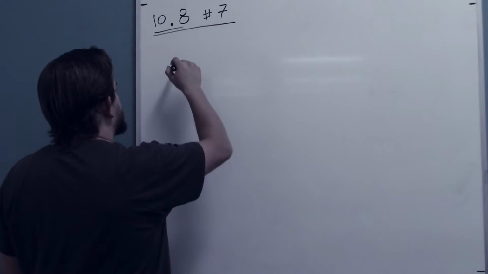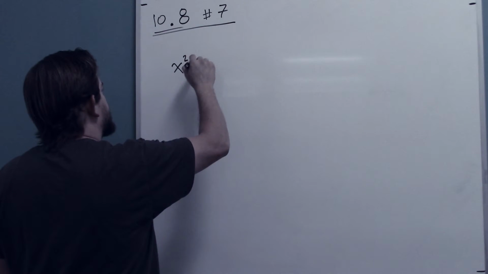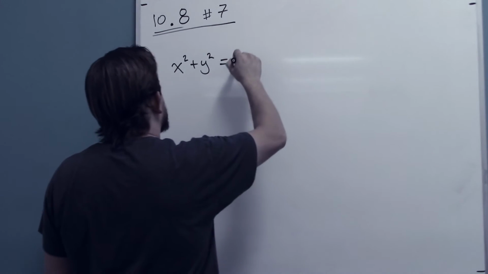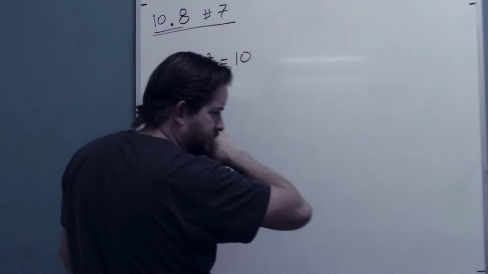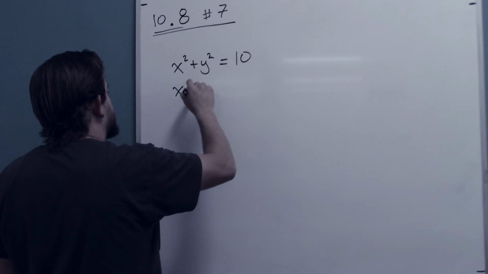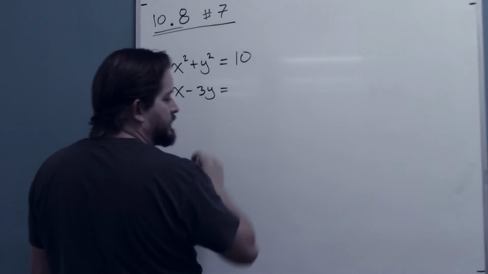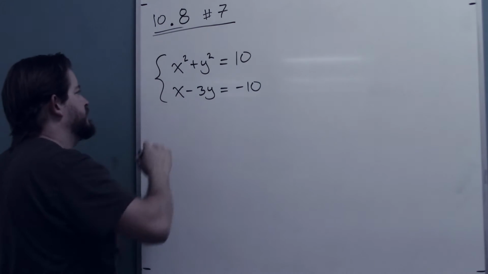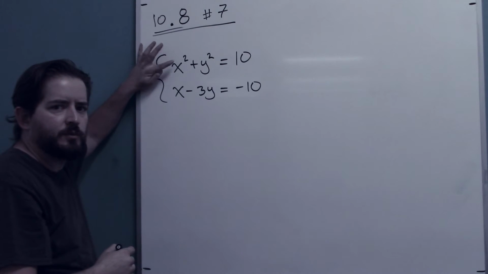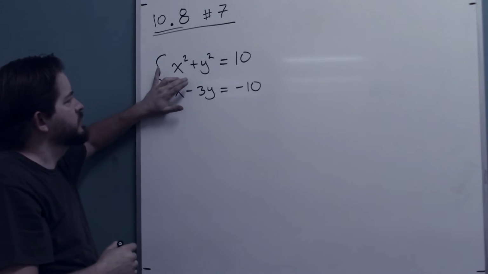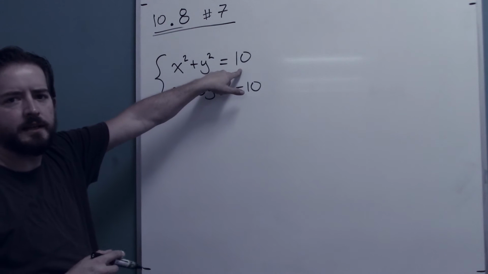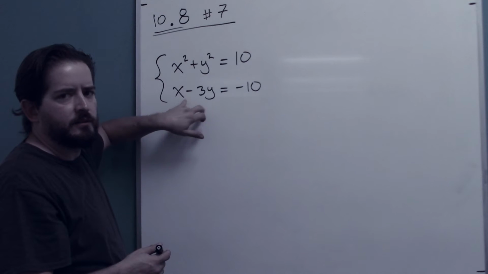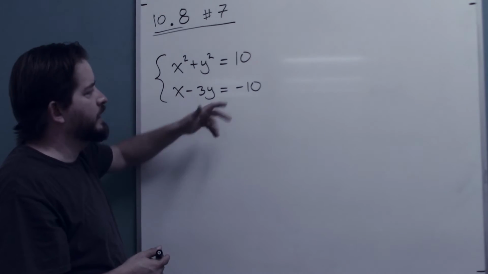And I've got x squared plus y squared equals 10, and x minus 3y equals negative 10. So this top one is the equation of a circle, x squared plus y squared equals r squared. So it's a circle with radius of whatever the square root of 10 is, 3.2 or something like that. And the other one is just a line. There's first degree x, first degree y, so it's just a line.